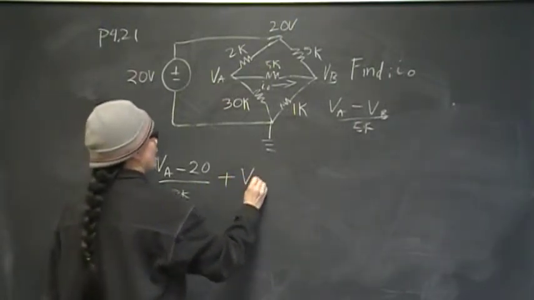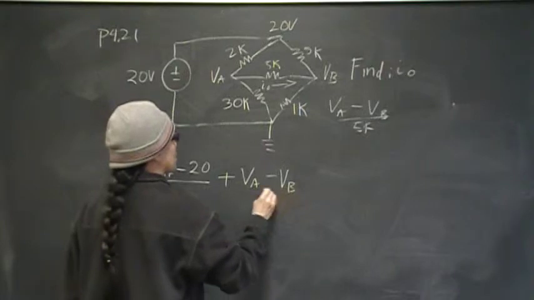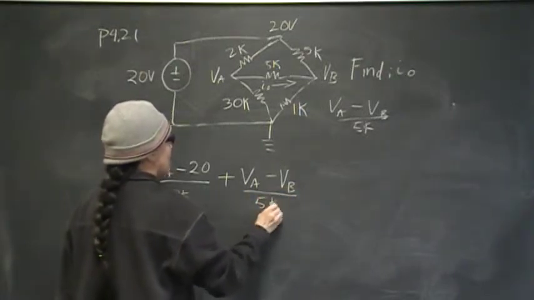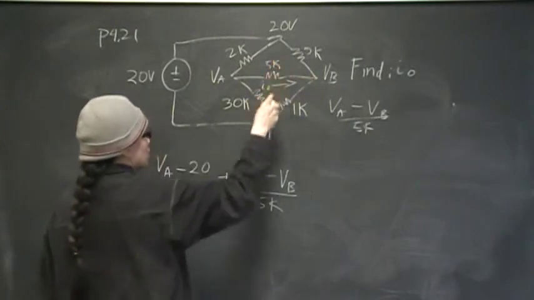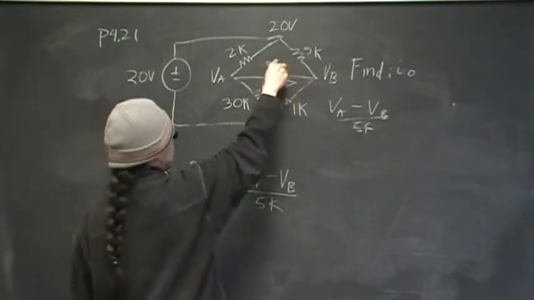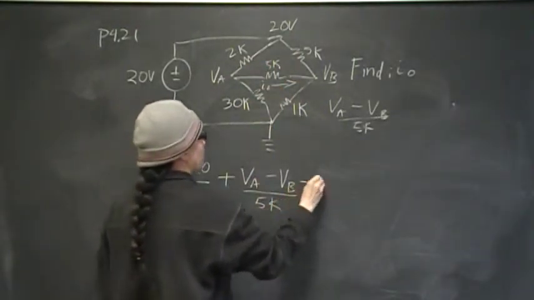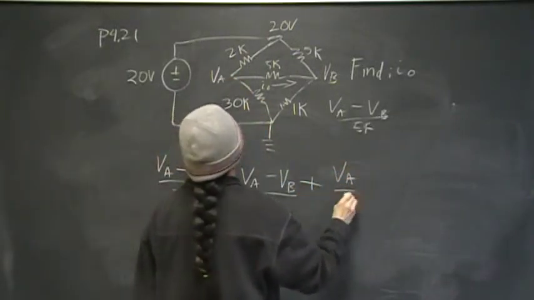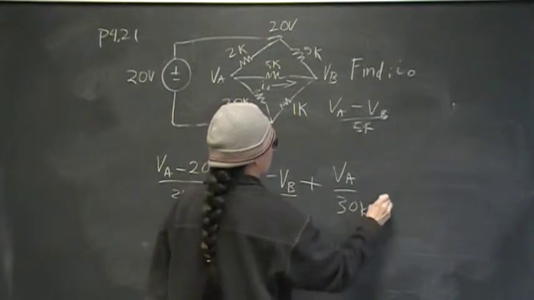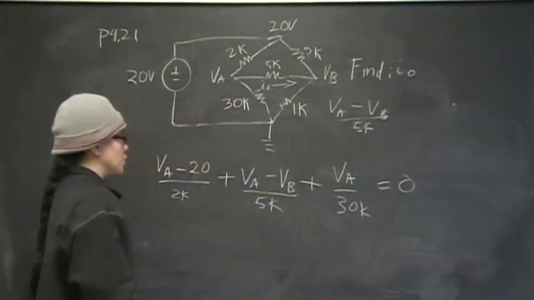Plus VA minus VB over 5K. Again, that's another current term, voltage over resistance, which gives me current. And then the last branch current here is going to be VA over 30K. All that's got to be equal to 0.